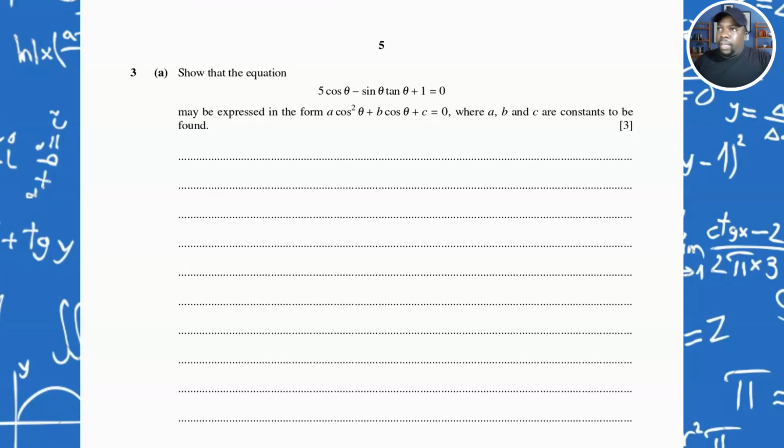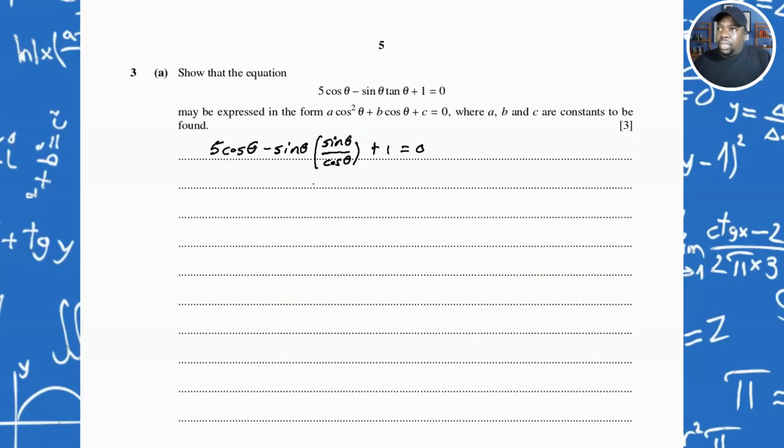So here we are going to have 5 cos theta minus sine theta times tan theta, and for tan theta we're going to use the identity that tan theta is sine theta over cos theta, plus 1 equal to 0.